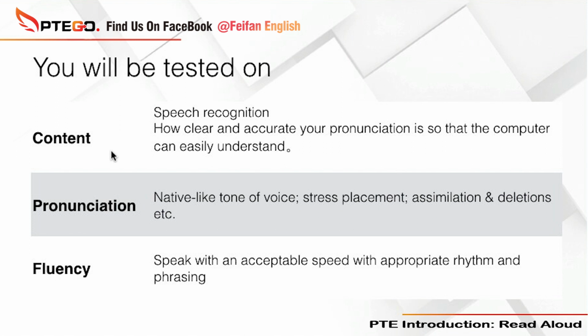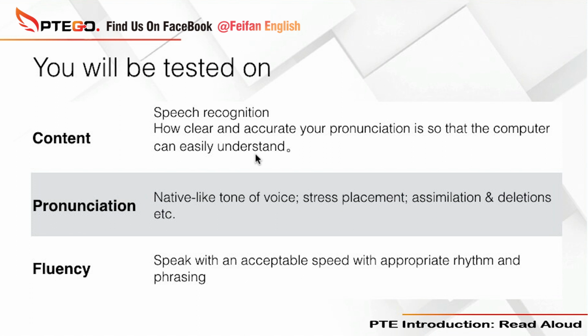What you need to make sure is that your voice is very clear and your pronunciation accurate, so that the system, the computer, can easily understand your language. The computer will try its best to recognize your speech. That is why your word formation, your sentences, everything needs to be very clear and accurate so that the computer can score you the maximum.